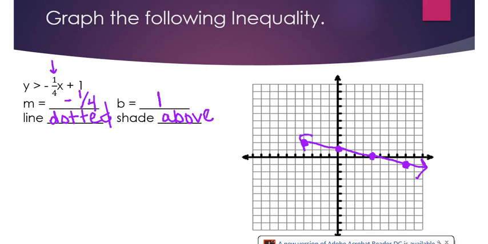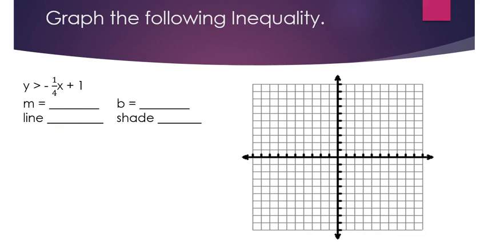It was supposed to be a dotted line, and I drew it to be solid. So, alright, you'll just draw a dashed line or a dotted line instead of a solid, and we're going to shade above. Okay?